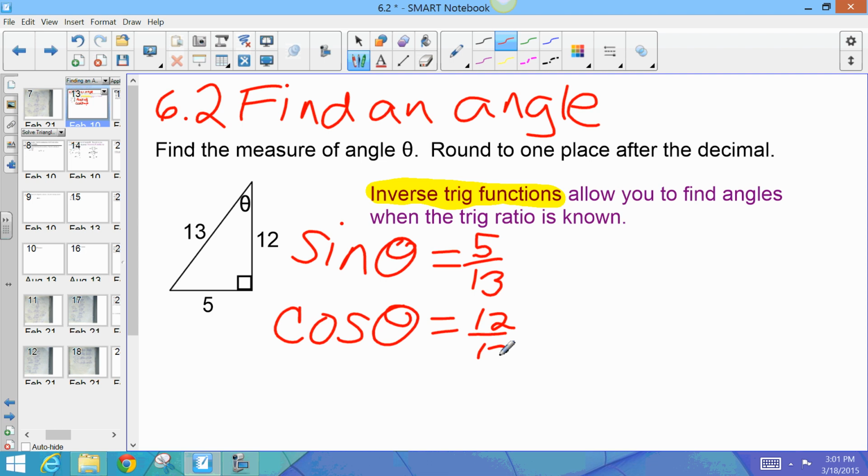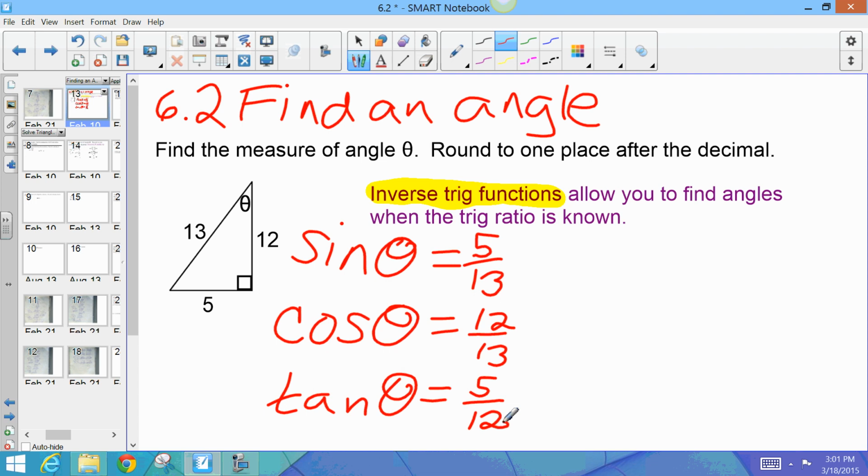That's 12/13. And I can find the tangent of theta. That's opposite over adjacent, or 5/12. Okay, so I have three different trig ratios that I can find very quickly.